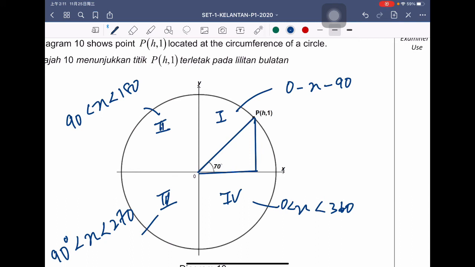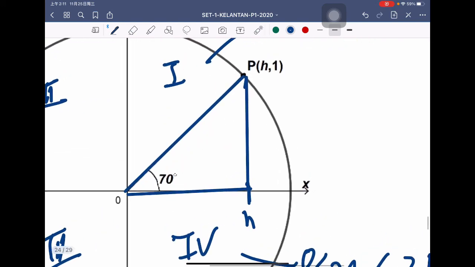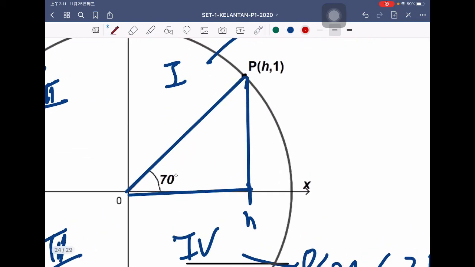For example, the coordinates of P are h and 1. h is the x coordinate, so here is h, the distance from the y-axis to here is h. And then the y represents the y coordinate, so here is 1. The height of the triangle from the x-axis upward is 1.